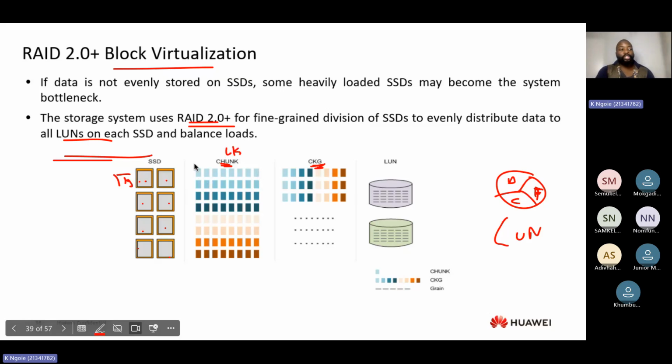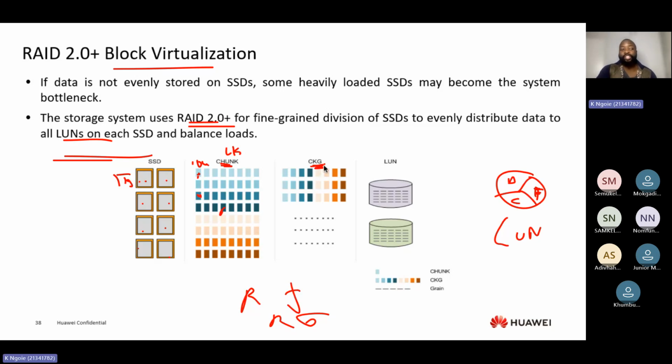Maybe each one is about 10 megabytes. And then we take different CKs from different disks, which we build based on a certain policy, which can be RAID 5 or RAID 6. Those groups are called CKGs, which is CK groups.